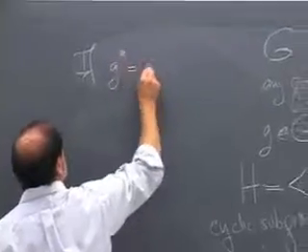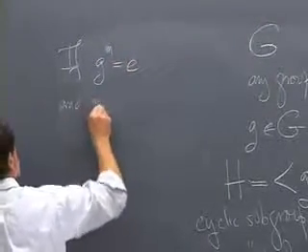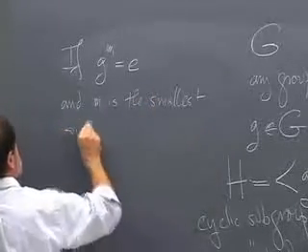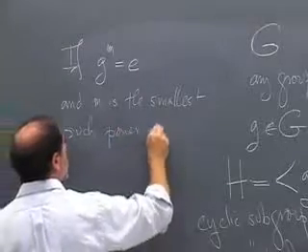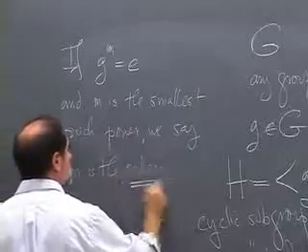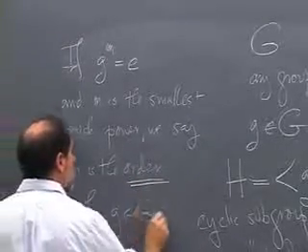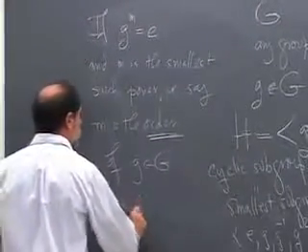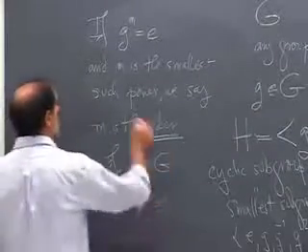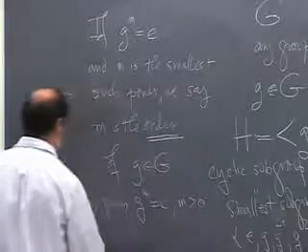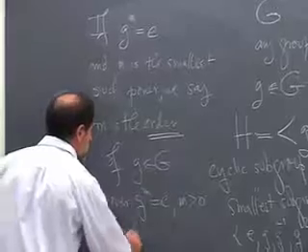So if g to the m is equal to the identity, and m is the smallest such positive power, we say m is the order of g in G. And if no power g to the m equals the identity for m greater than 0, we say g has infinite order.